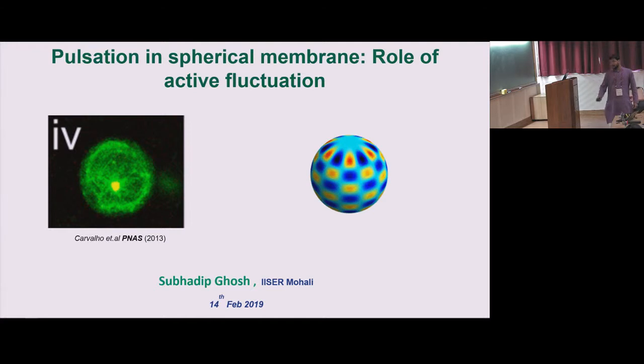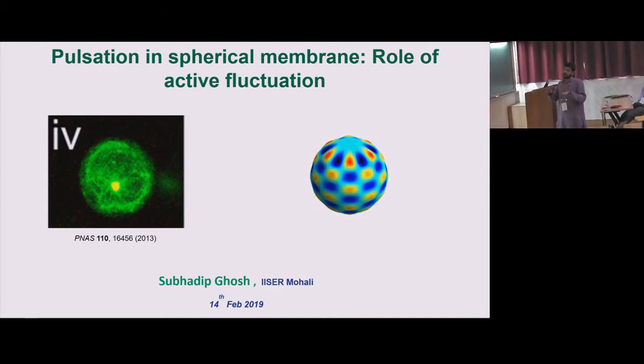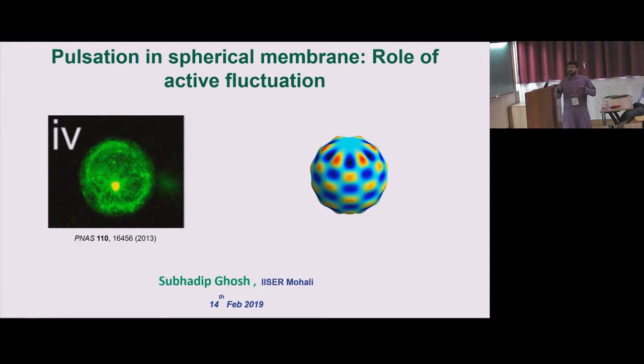And on the right hand side, this is the theoretical result, the topological sphere with patterns on top of it. Not merely that, when we add active processes and curvature inducing proteins, they can show such patterns on the sphere. These pattern formations can go to pulsation.